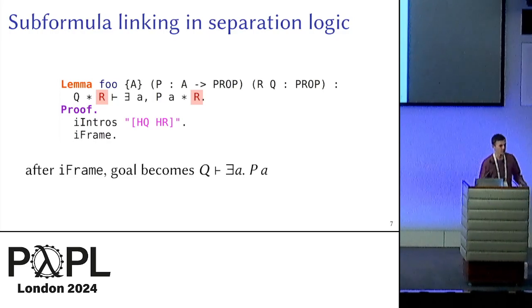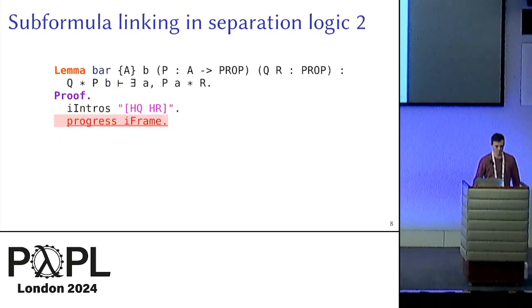So after this iFrame tactic, you are presented with an easier goal with this R removed. And notice that this also works even with R under the existential quantification. However, in a slightly different situation, where instead of this working for all A, you have a witness for the predicate P, if you then try to use iFrame, it doesn't work.